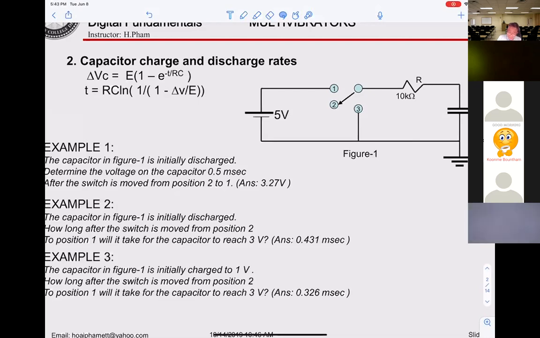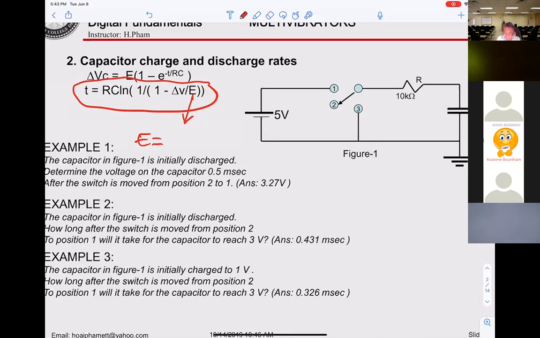So the question here, they want to calculate the T. T equals RC times log of 1 over (1 minus delta V over E). The only thing here, you need to identify what E equals. Initially discharged, that means 0 volt.